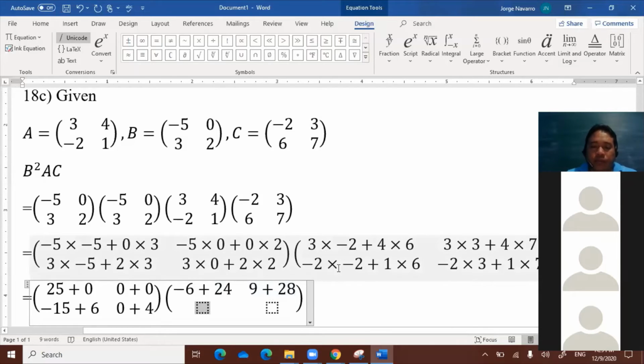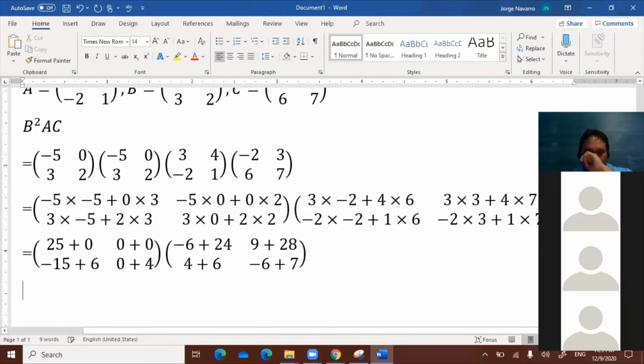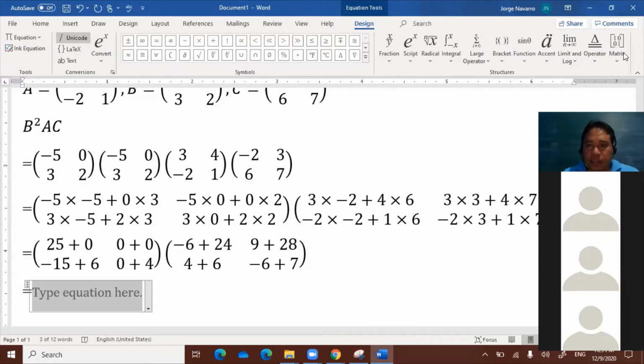Negative 2 and negative 2, obviously that's a positive 4, plus 1 times 6, that's 6. The next one, negative 2 times 3, that's negative 6, plus 1 times 7, that's just going to be 7. Okay, so we're almost on our way to just having 2 matrices. So let's look at this step.